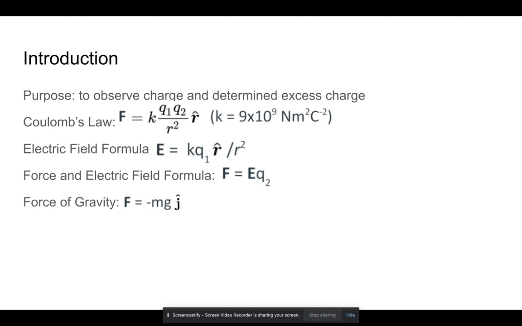The electric field formula is very similar to Coulomb's law, but it uses only one charge. Then we can combine the electric field formula with the charge to find a force, and the force that we are using is gravity.